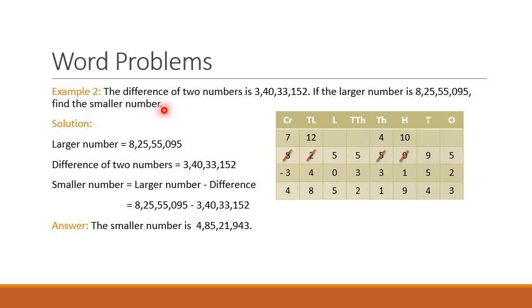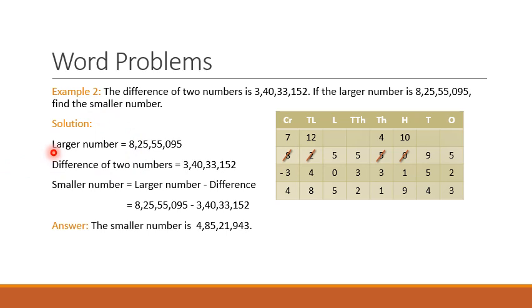So in this question, the difference is given and the larger number is given. So when the larger number and difference are given, to find the smaller number, we have to subtract the difference from the larger number.